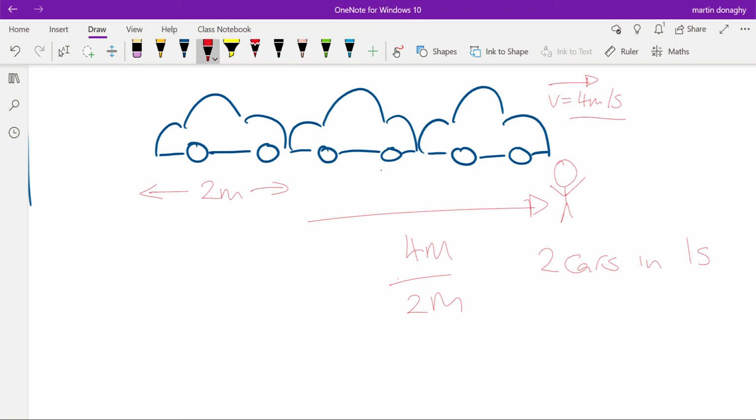But this is also true of waves. So if each of those cars was a wave, like so, then we wouldn't be talking about a car length of 2 meters, we'd be talking about a wavelength of 2 meters.